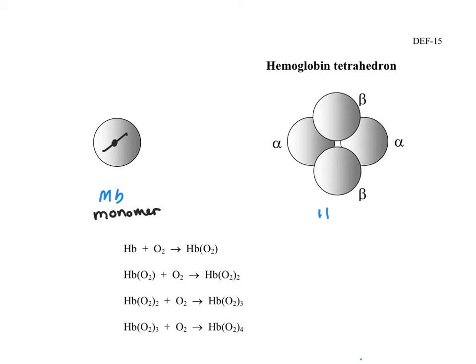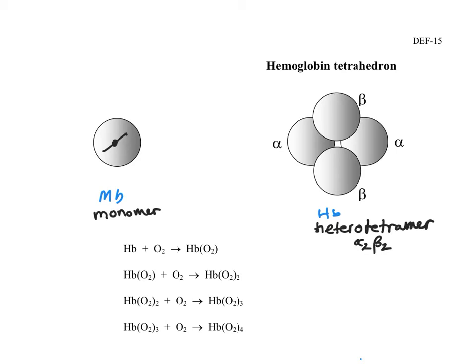Hemoglobin, on the other hand, we said earlier in a previous chapter, is a heterotetramer. 4 subunits, and they're not all the same. Remember we said it was an alpha 2, beta 2: there are 2 alpha subunits and 2 beta subunits.